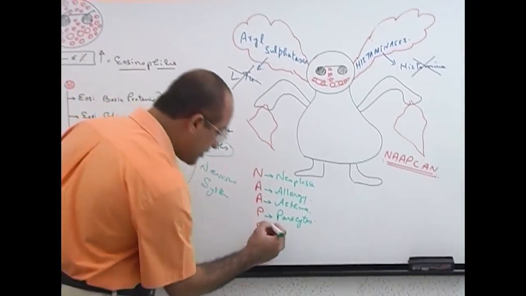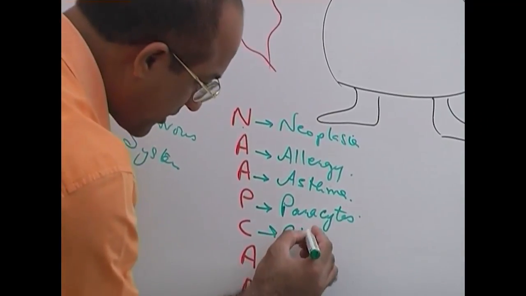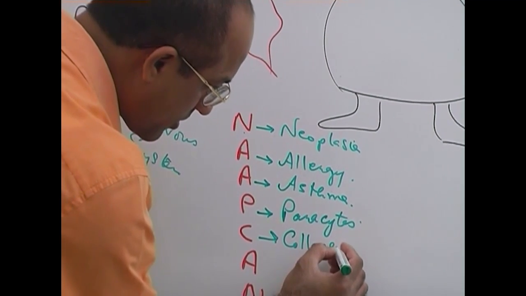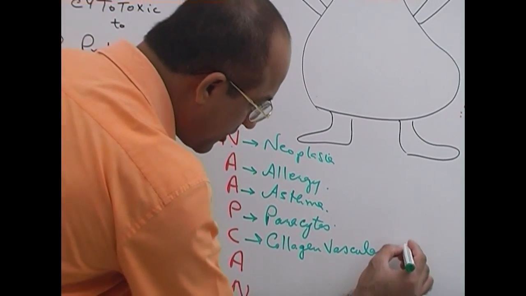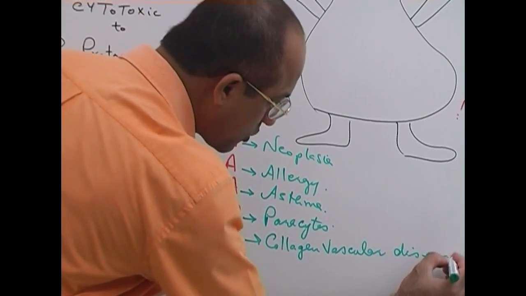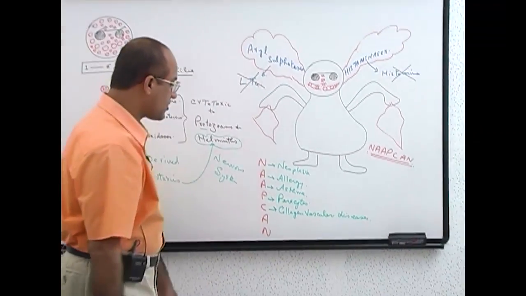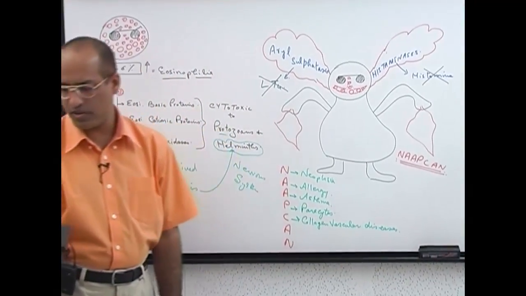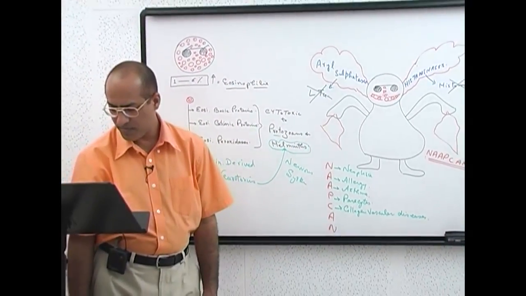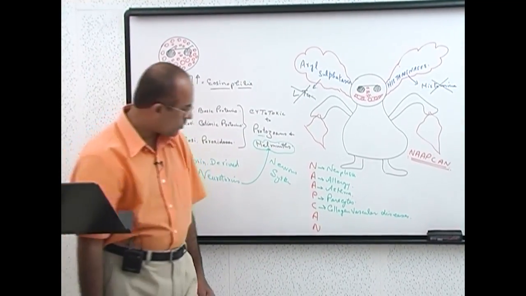And C should remind you of collagen vascular diseases, which you will study in pathology. These are special types of autoimmune diseases, and some of the collagen vascular diseases have eosinophilia in the patient.